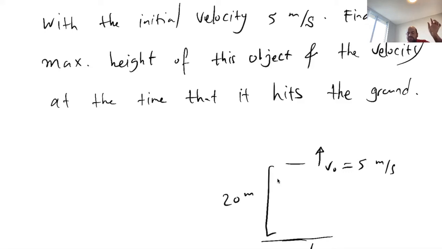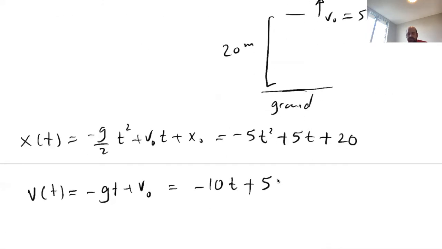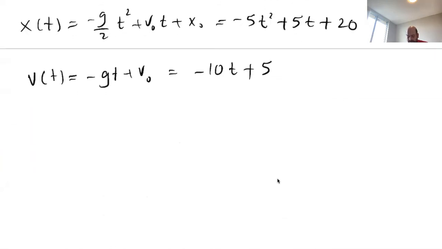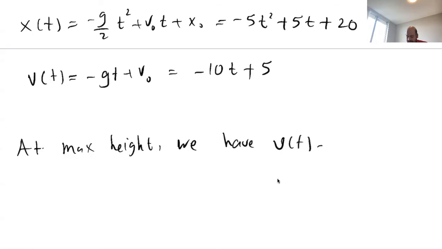So first, let's find the time that it stops. And then once we have the time, we can find x, because we know the equation of x of t. Once you have the value of t, you can find the value of x. Okay, so at maximum height, we have v of t equals 0.